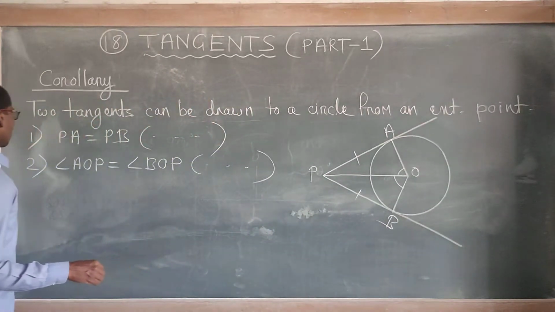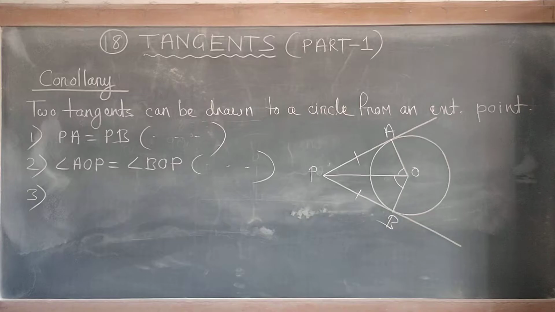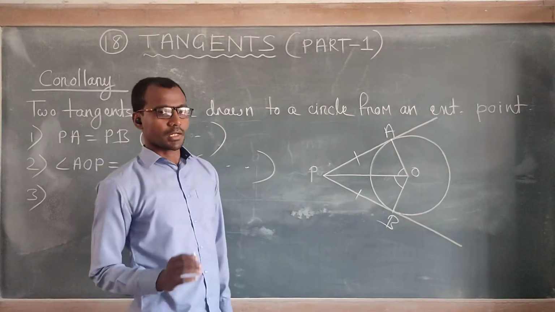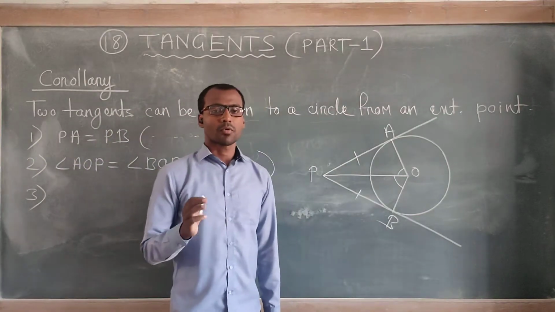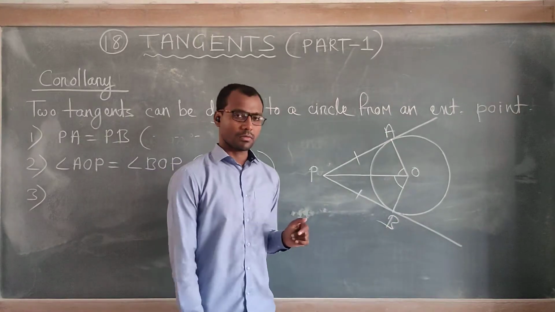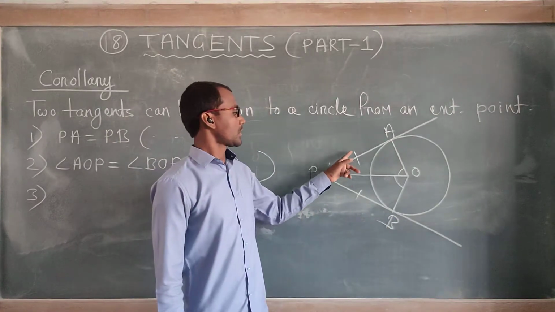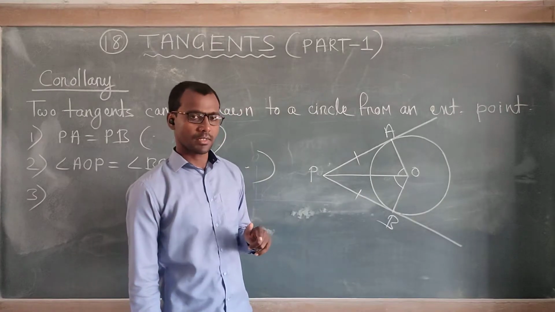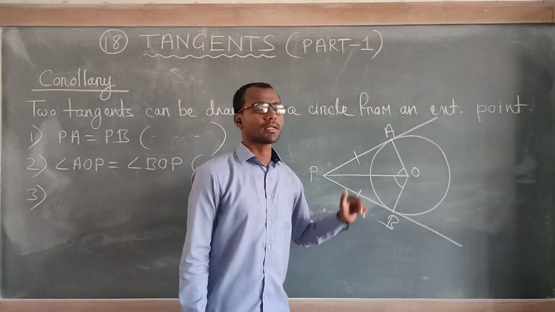The third point is that the two tangents are equally inclined to the line joining the exterior point and the center. Again I am repeating: the two tangents are equally inclined to the line joining the exterior point and the center.